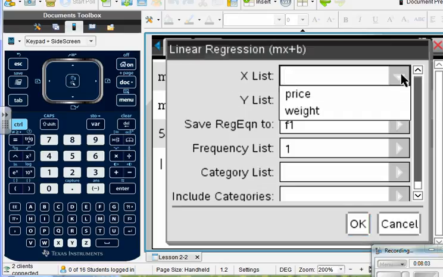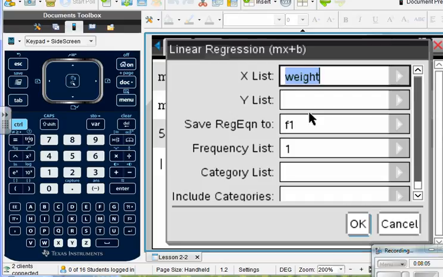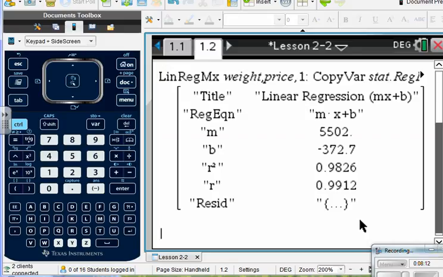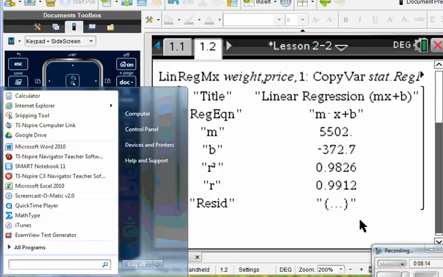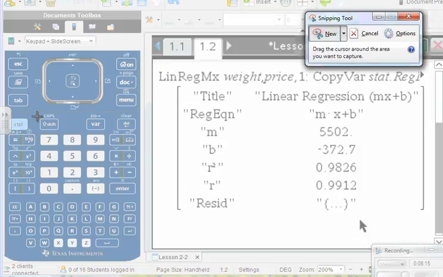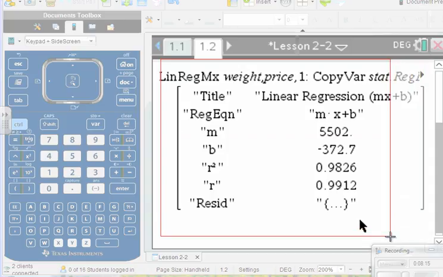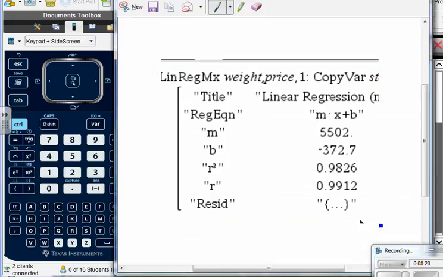Our X list, again, is the weight. The Y list is the price. You hit OK, and on that screen we have an R number of 0.9912.